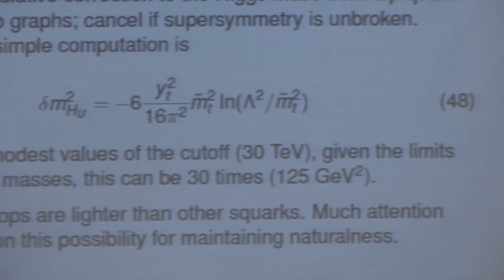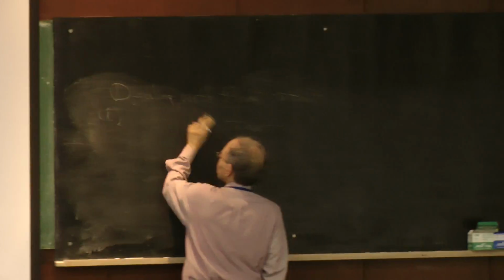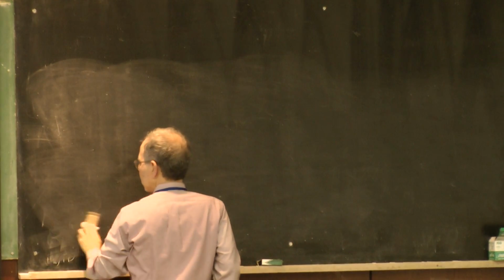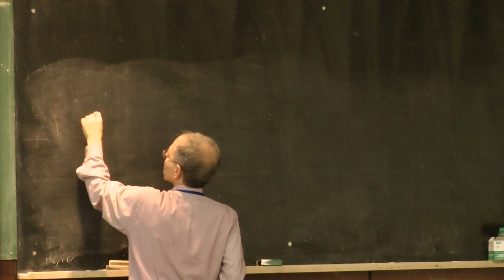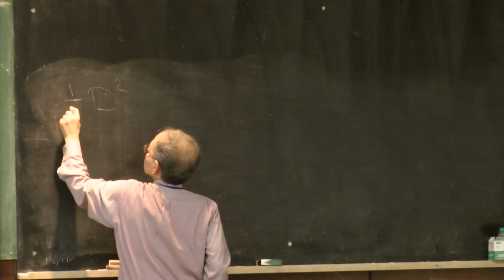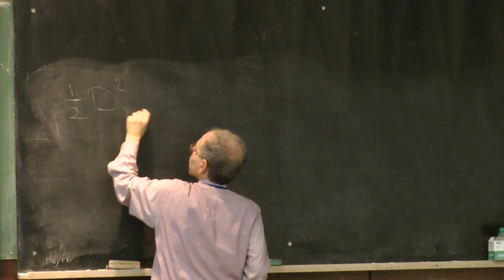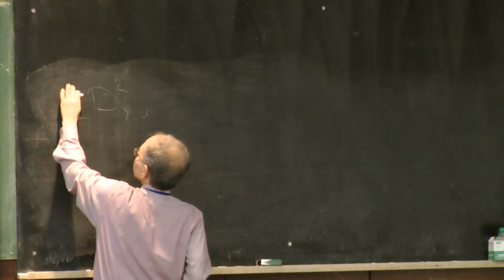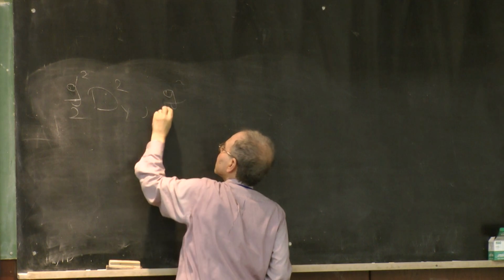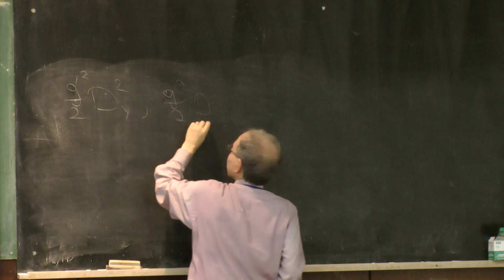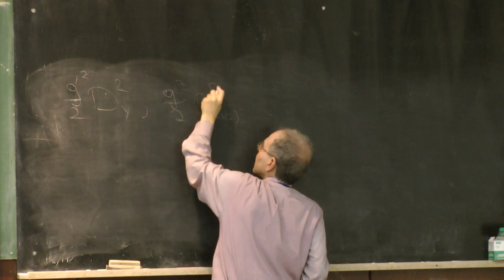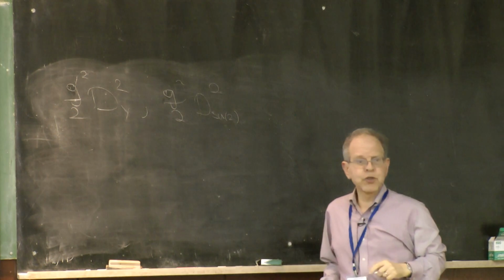And so those quartic couplings come from the supersymmetric terms in the action. Okay? And the only supersymmetric terms in the action for H which are quartic are the D terms. So we have this D squared for hypercharge. Let me put a g squared here. So there's some g prime squared, and we have g squared over 2 times D_SU2 squared, for SU2.